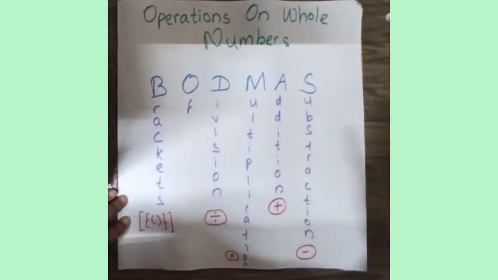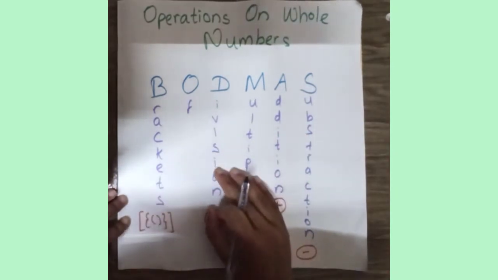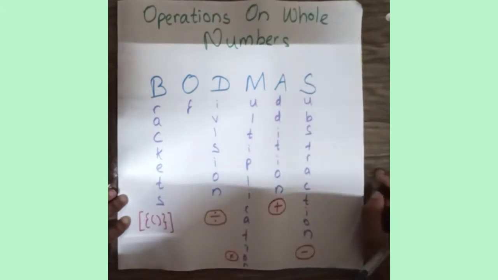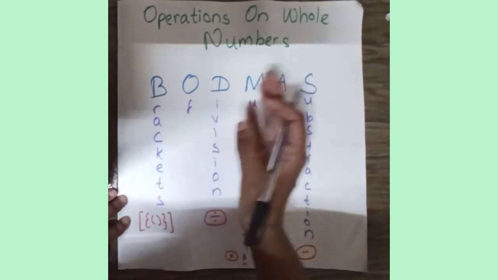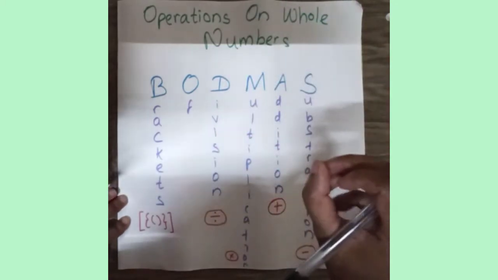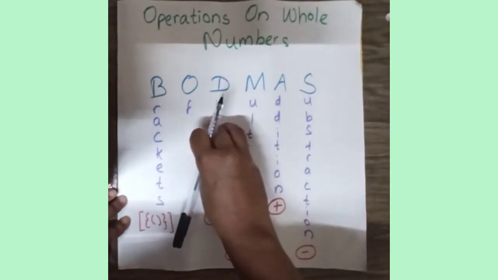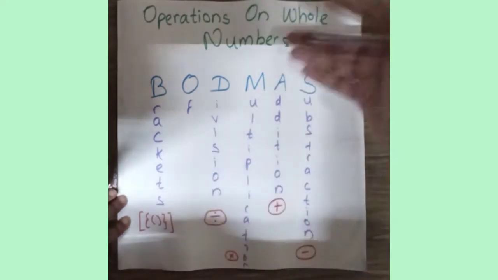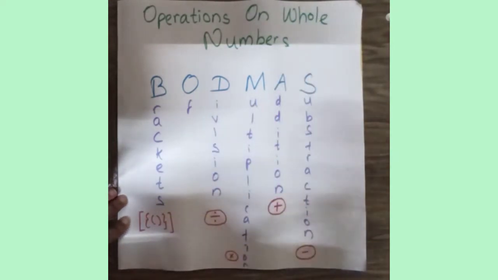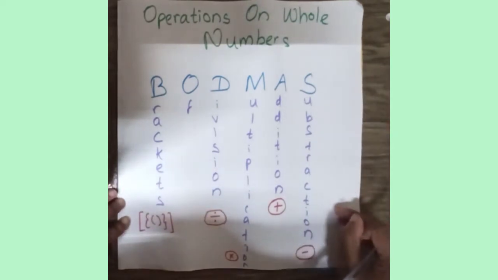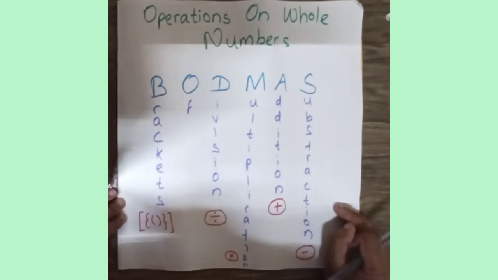Let's talk about it in the latter part of the video. Okay. Then after that you have to come to division. If there is some division operation to be done, you have to do it as the third step. Then go to multiplication. After that, addition. And if there is anything to subtract, you have to do it at last.